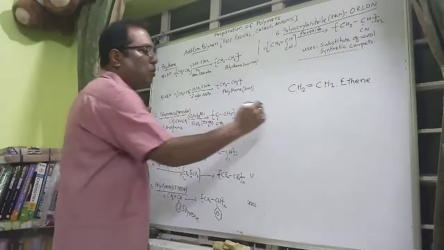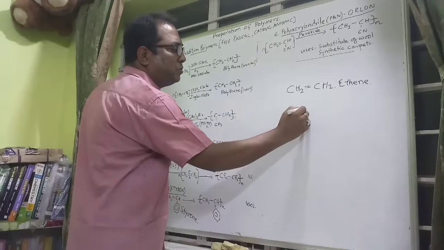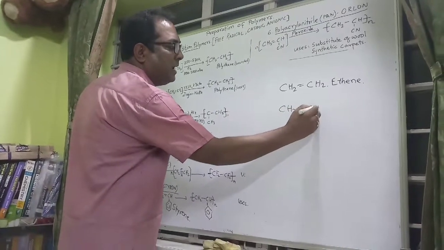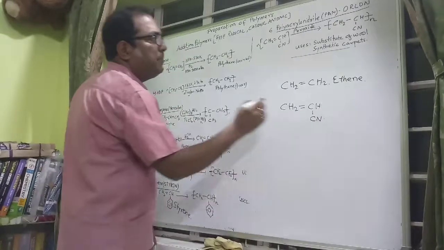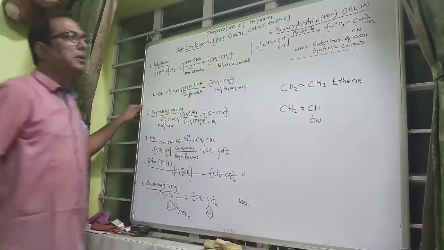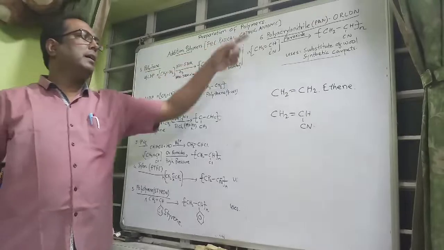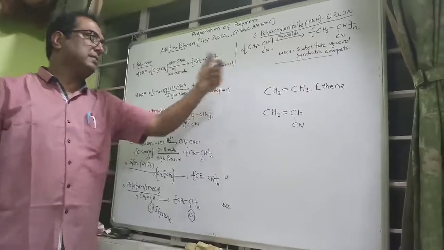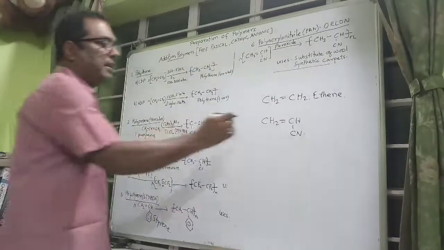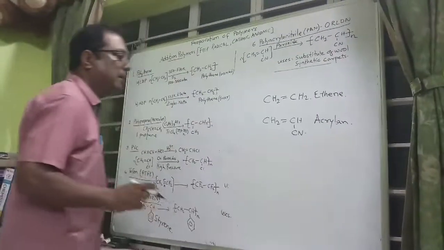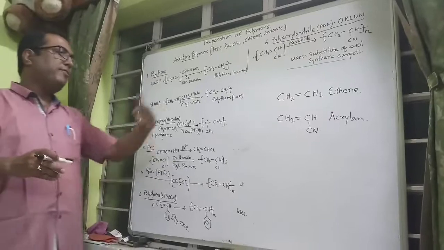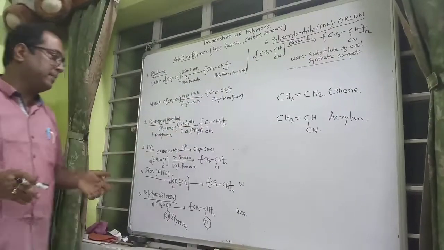Now when you take CH2 double bond CH and replace one H with CN, it becomes acrylan, A-C-R-Y-L-A-N, and you can multiply it for n number of times, so polyacrylan.